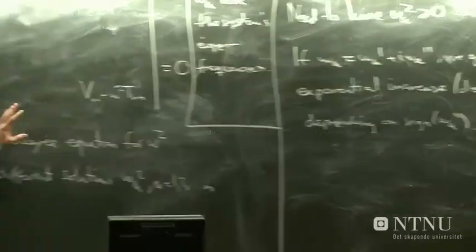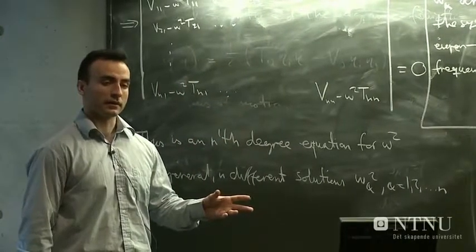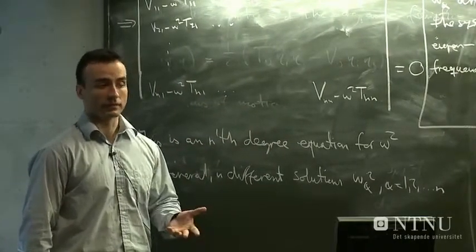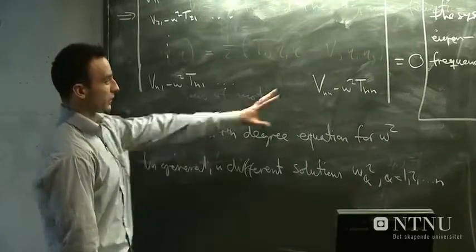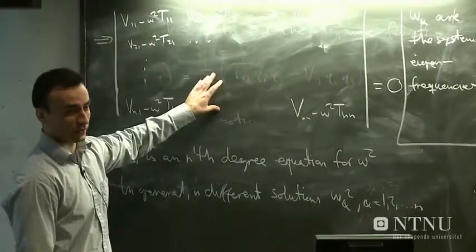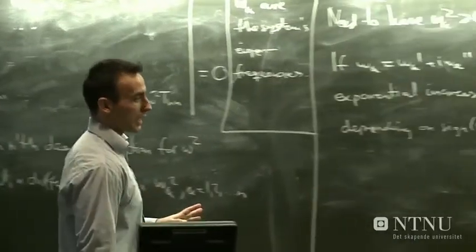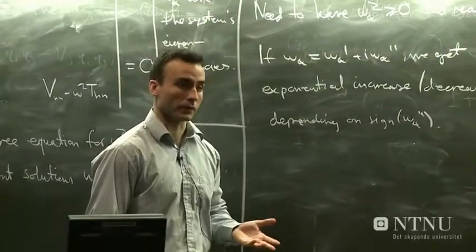All right, so as long as these matrices T and V are known, we can determine all the eigenfrequencies simply by solving the system. So we assume now that these eigenfrequencies are known.